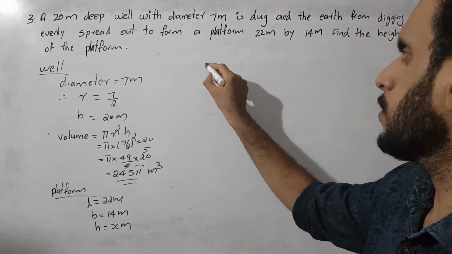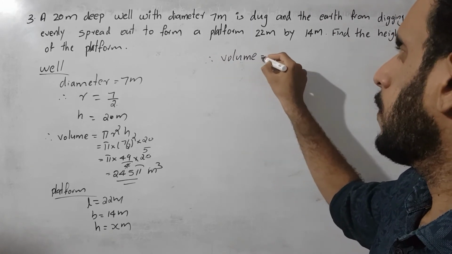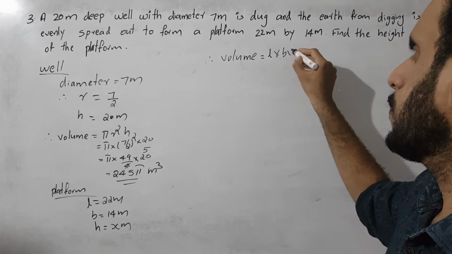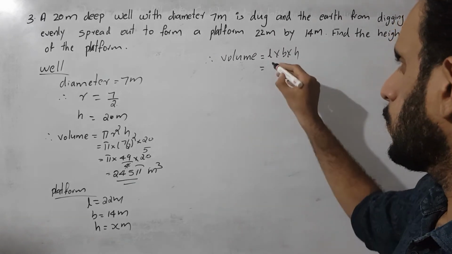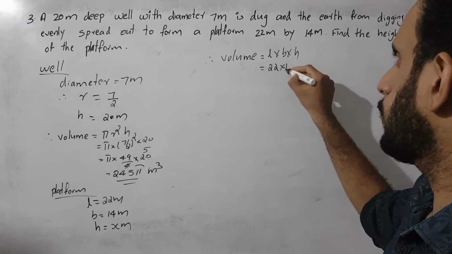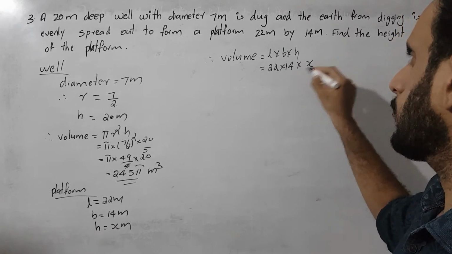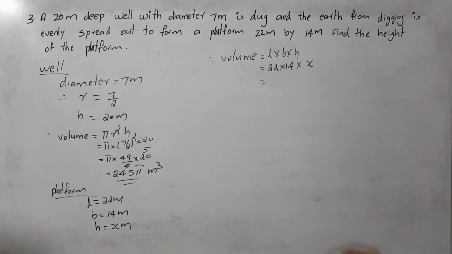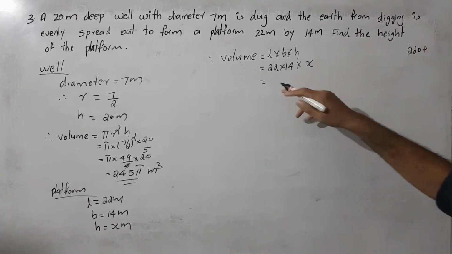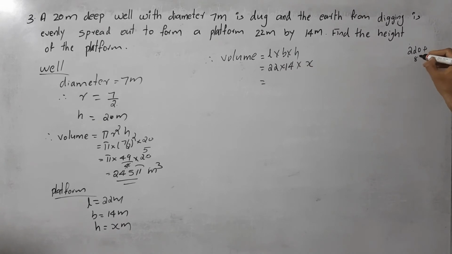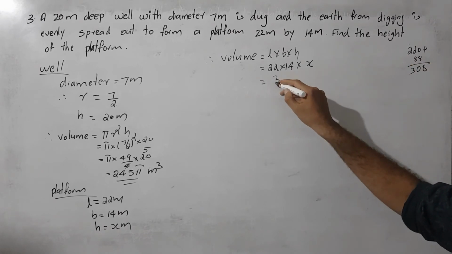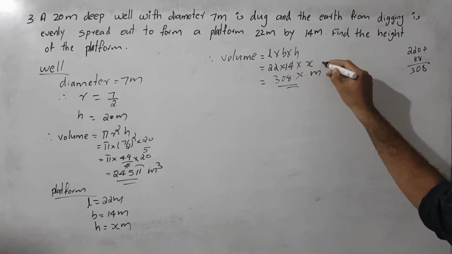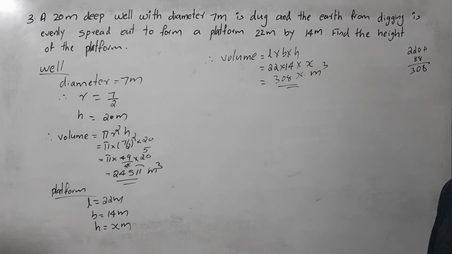The volume is equal to L into B into H, so 22 into 14 into x. What is 22 into 14? 22 into 10 is 220 plus 22 into 4 is 88, so 308, correct? Then 308x cubic meter.